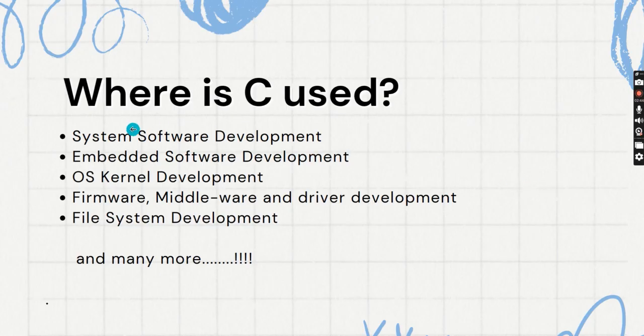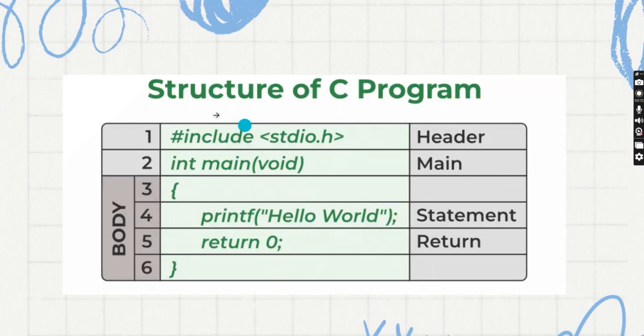In our project we use C for system software development, embedded software development and OS kernel development. OS means operating system, like on motherboards. We use C for BIOS, firmware, middleware, driver development and file system development. We use C programming for the following and many more.